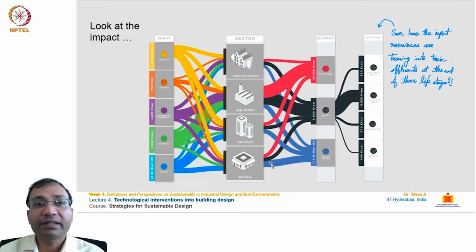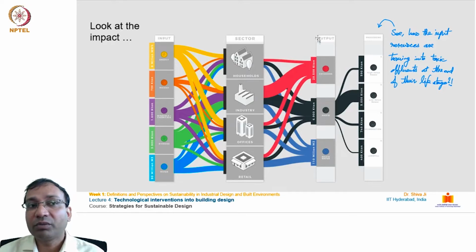how this impact has taken place over time. We have seen these slides in the earlier lectures. We give a number of inputs: energy, material, minerals and chemicals, biomass, water, and all other kinds of stuff, for our utility in households, industry, offices, retail.